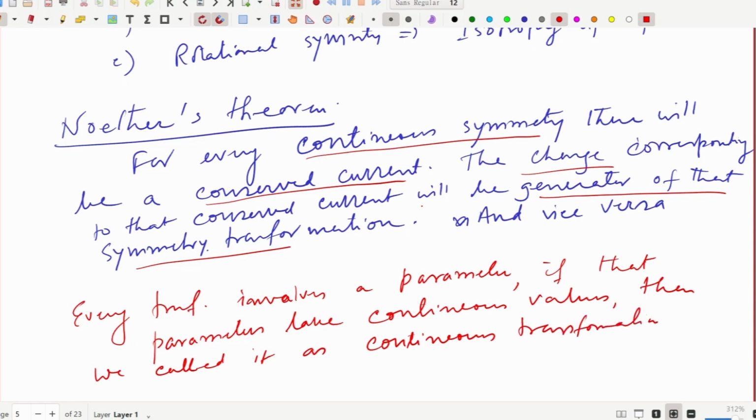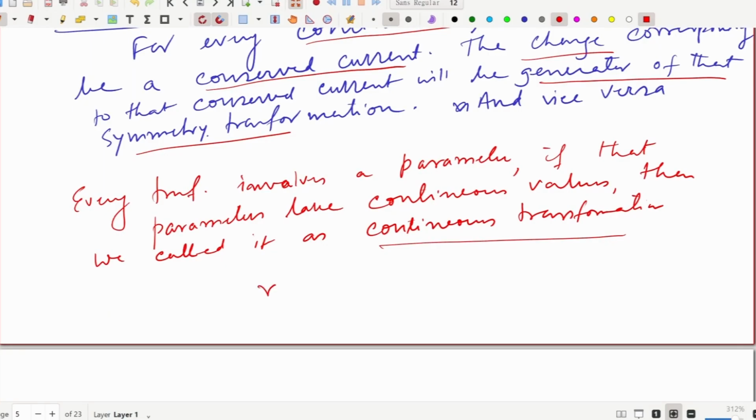Depending on whether the transformation parameter can take continuous values or discrete values, we call the transformation a continuous transformation or a discrete transformation. For example, when you have a space translation, r i prime is defined as r i plus a. This parameter can have continuous values. So, translation in space we can say is a continuous transformation.